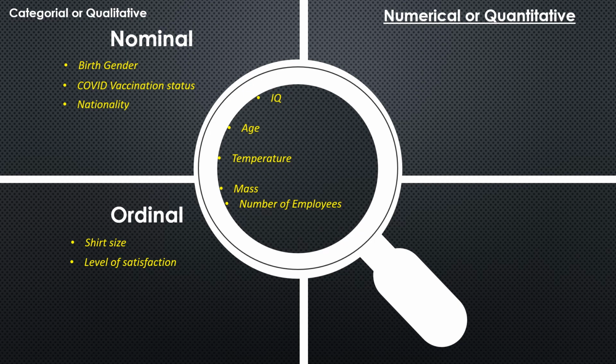Numerical, or quantitative, variables, in contrast, provide measurable values with meaning. They can quantify characteristics, such as the number of people, an individual's mass, age, or the temperature of an object. Numerical variables are further divided into two categories: discrete and continuous. Discrete variables are measured only in whole numbers or integers.